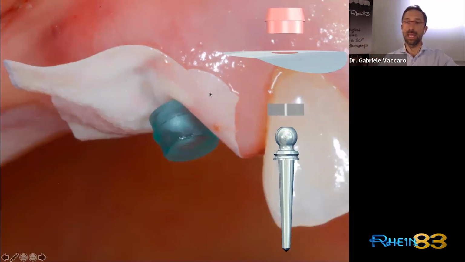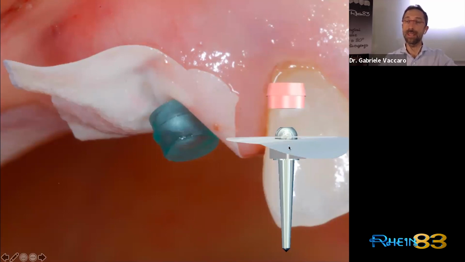So put the centering device, the centering ring, then an isolation disc or a fragment of your rubber dam, because after that I'm going to put the resin over it. The resin can get down here, but also down the sphere, so it can be impossible to remove the prosthesis.